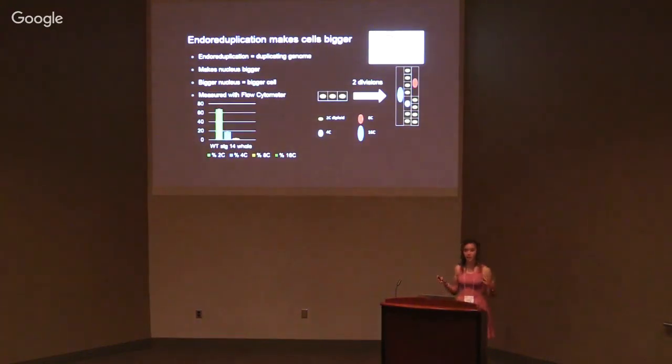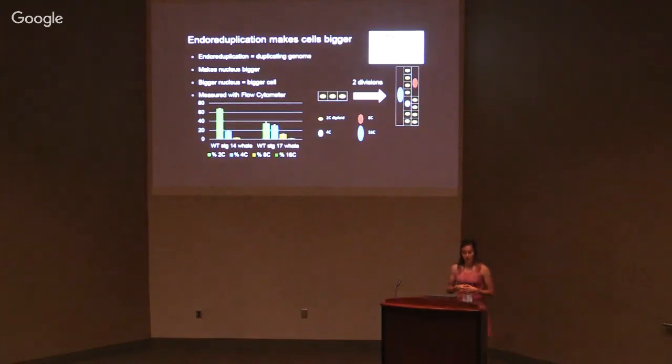So we used a method called flow cytometry, which allows us to quantify the nuclear DNA content and the ploidy levels. We found that in wild-type stage 14 silics, a very, very high percentage of the nuclei are 2C or diploid, and there's a very small percentage of octoploid and almost little to no 16C nuclei.